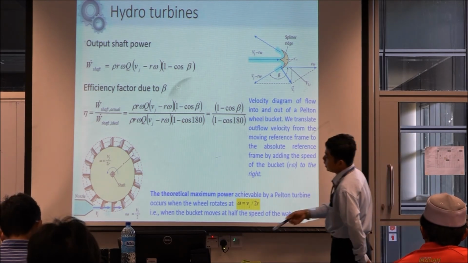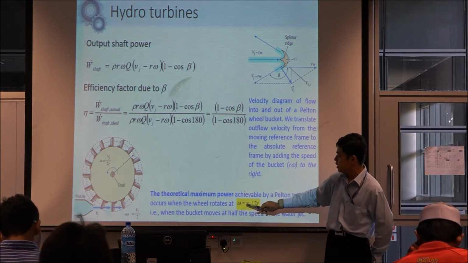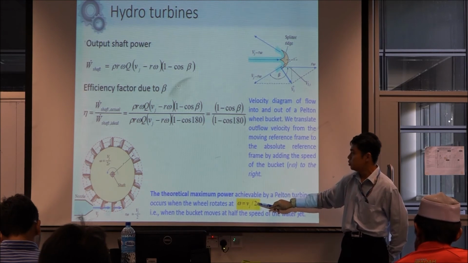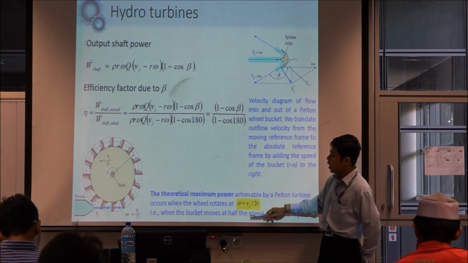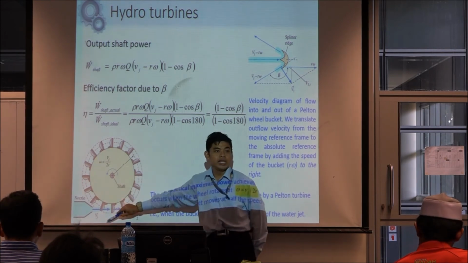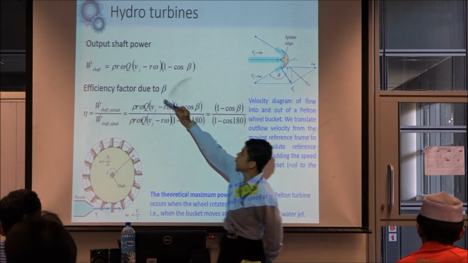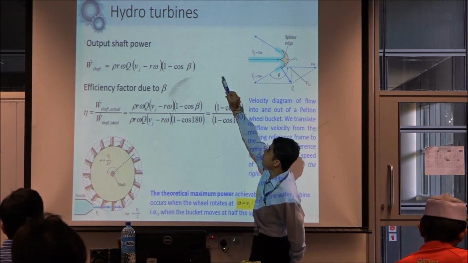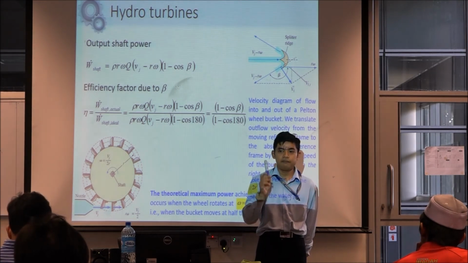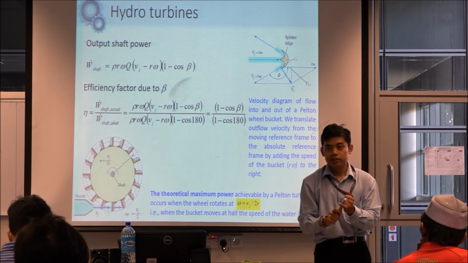And the other thing is, the theoretical maximum power is achieved when omega is equal to jet velocity divided by 2r. What is 2r? 2r is the diameter of the Pelton wheel. So when you get V jet over 2r, you plug in that, you will get the maximum theoretical shaft power.